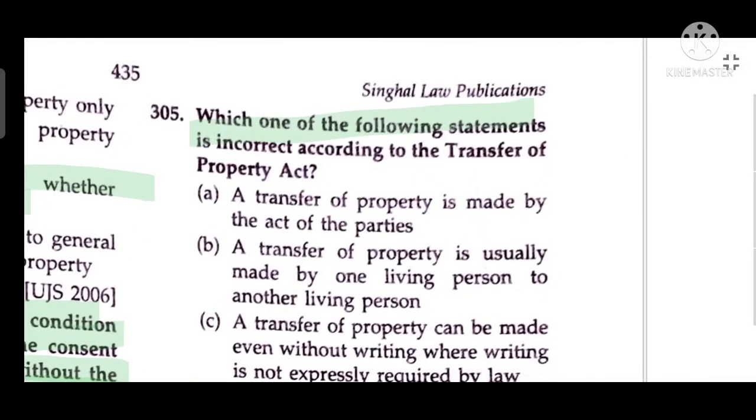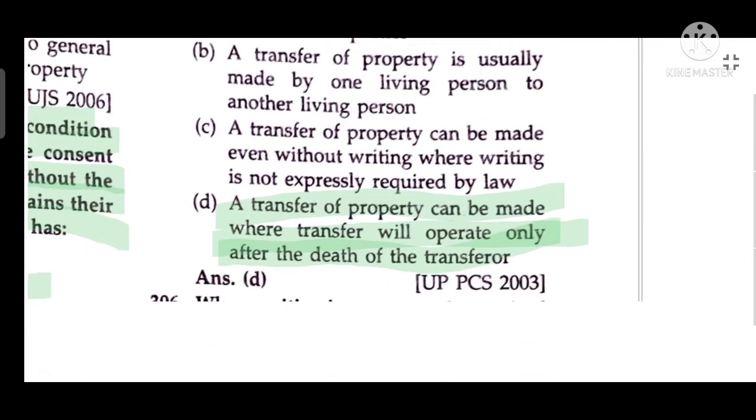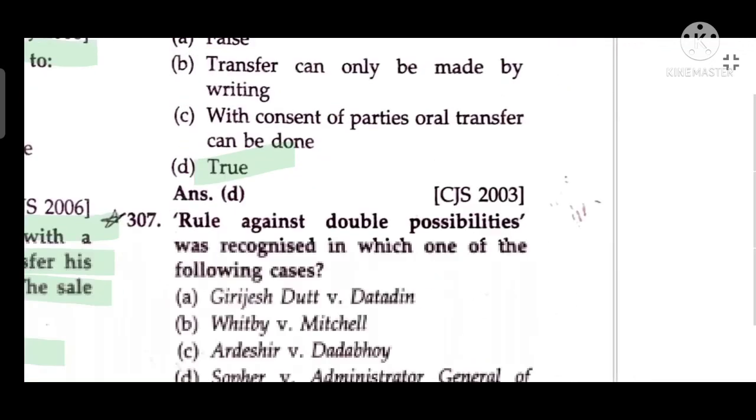Which one of the following statements is incorrect according to Transfer of Property Act? A transfer of property can be made where transfer will operate only after the death of transferor; where writing is not expressly required by law, transfer of property can be made orally. True.